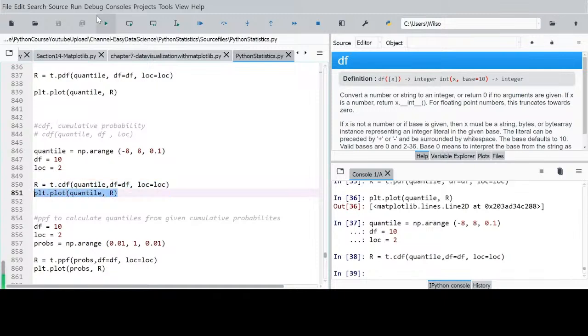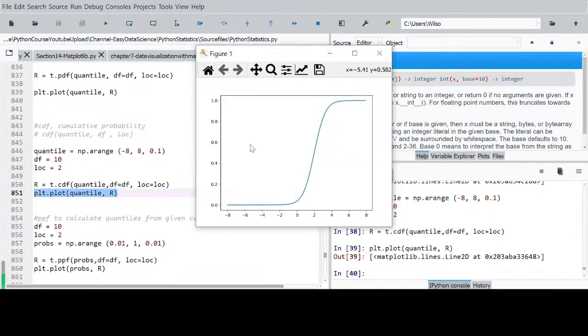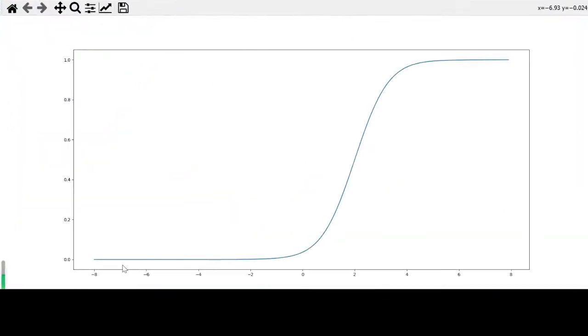Next, we can plot the relationship. It's quite clear. Because the density in this range is almost 0, the cumulative probability does not increase. Then it starts to increase, and at this value it stops increasing because the density becomes 0 again here.